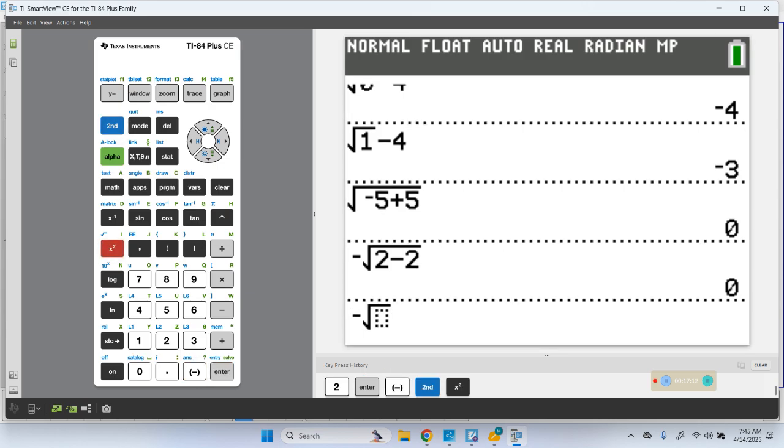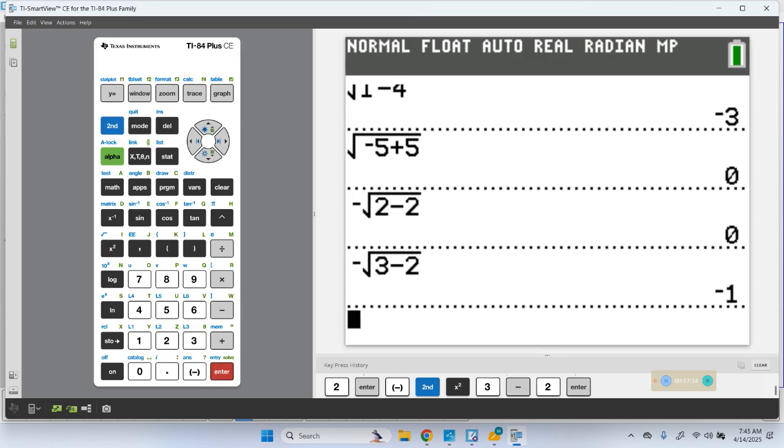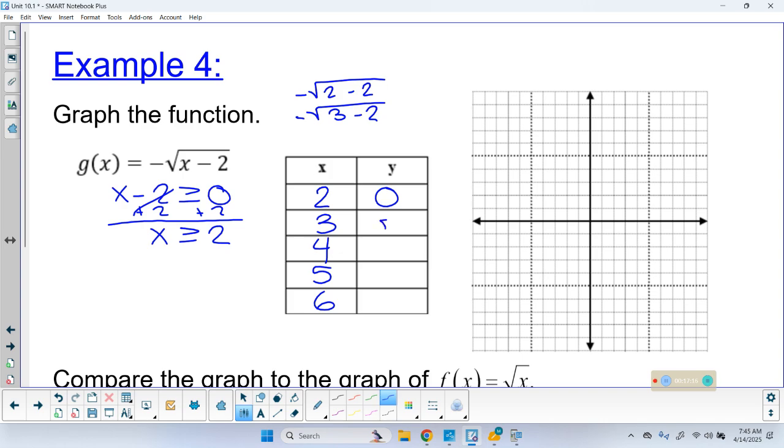Negative square root, 3 minus 2, you get negative 1. Sorry, that looks like a plus. Negative 1. Okay? So if you plug in 4, it'll be about negative 1.4. 5 will be about negative 1.7. 6 would be negative 2.